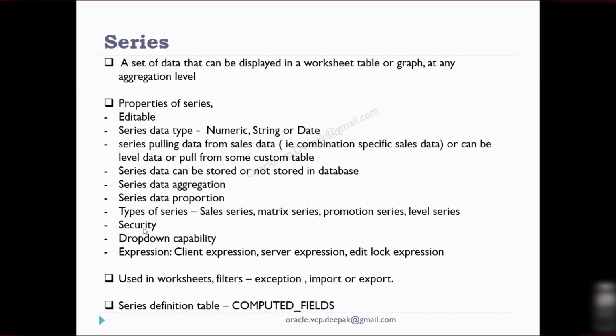This is not a good example actually. Sorry. Edit log example is, somebody is doing the forecasting at a very high aggregated level, like he's doing forecasting at the business group level rather than at the SKU level. So you can lock that override forecast column itself. We will not allow that.